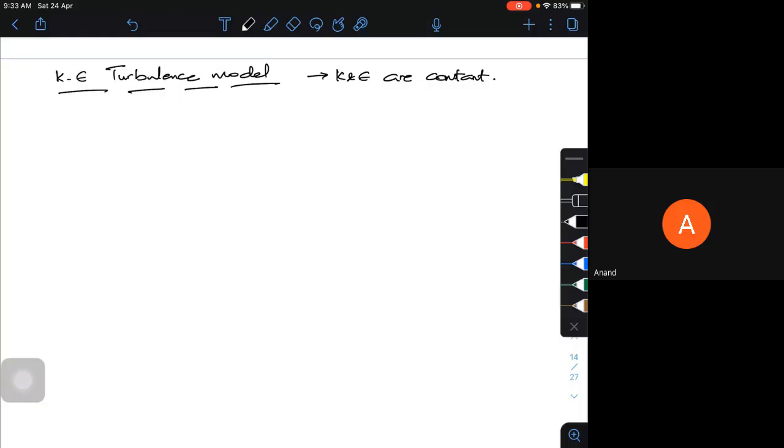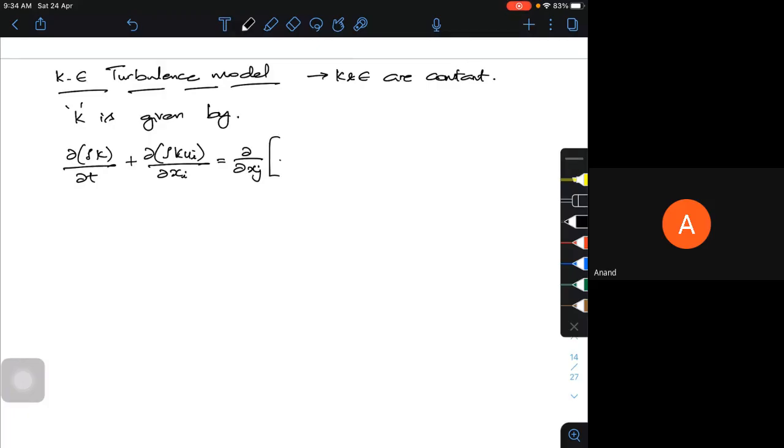Okay. At any given point, for this particular k epsilon model, your k is given by ∂(ρk)/∂t + ∂(ρ k u_i)/∂x_i = ∂/∂x_j (μ_t/σ_k ∂k/∂x_j) + 2 μ_t E_ij E_ij − ρ ε.